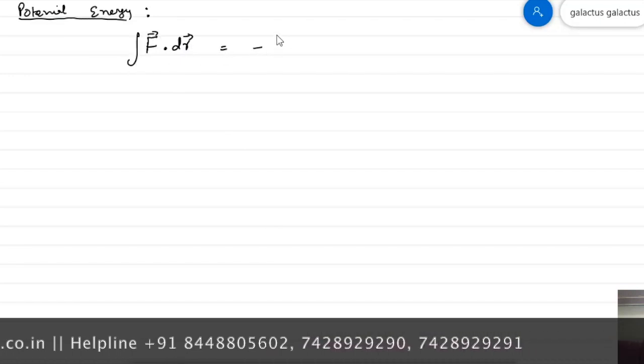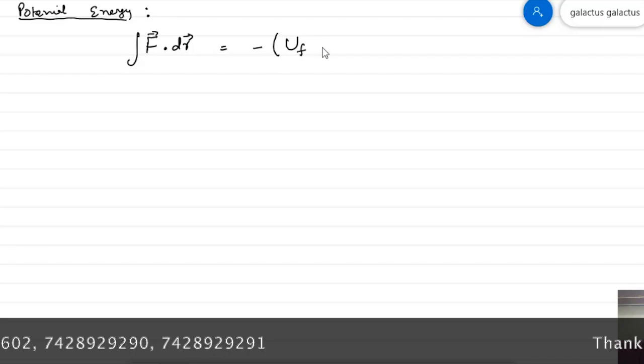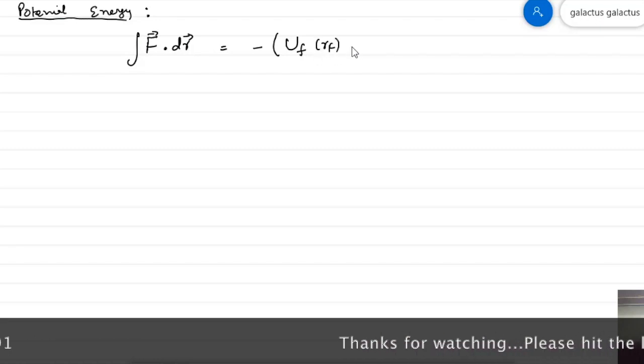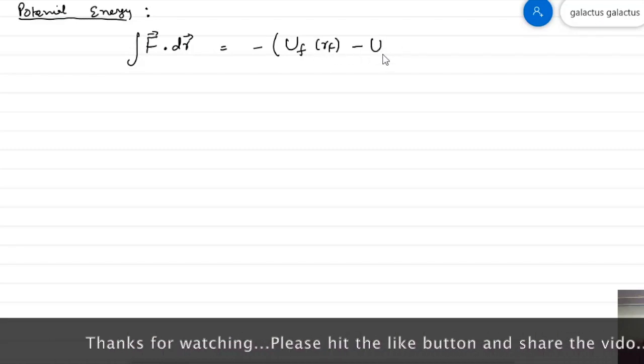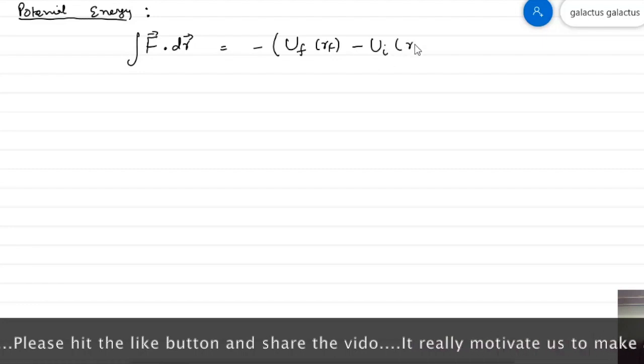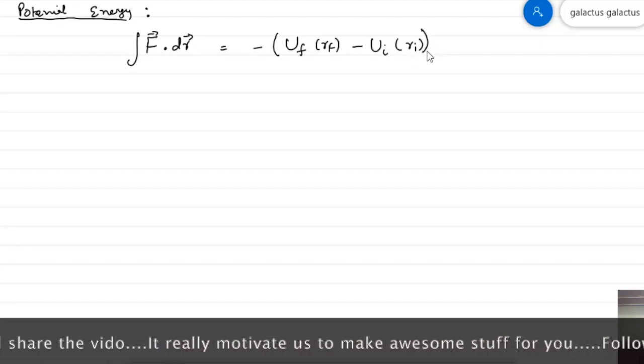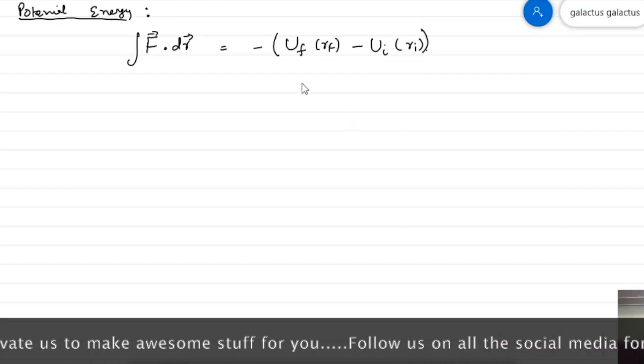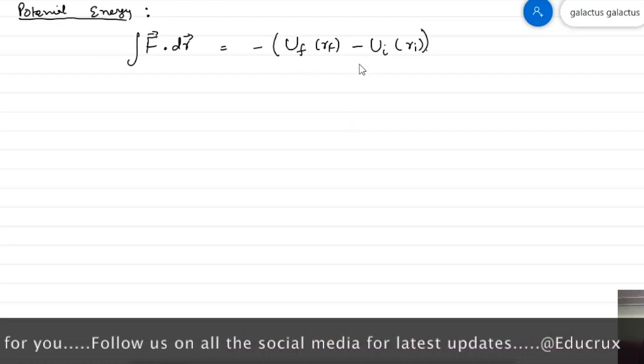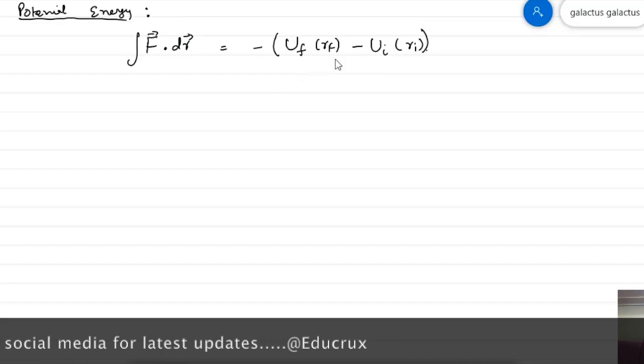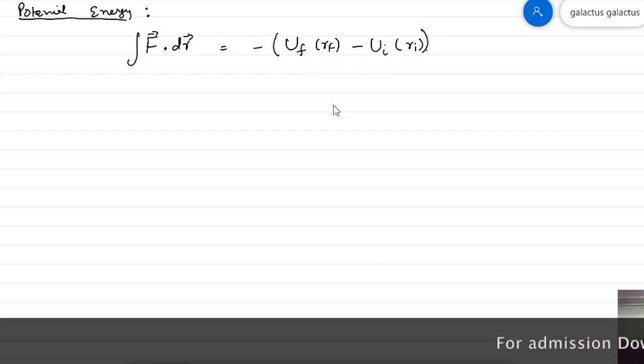The integral of F dot dr vector is equal to minus Uf at rf minus Ui at ri. This is the general form for the conservative force that we have seen up until now. In case of spring force, this was the form of our work done, and in case of gravitation, this was the form of our work done too.